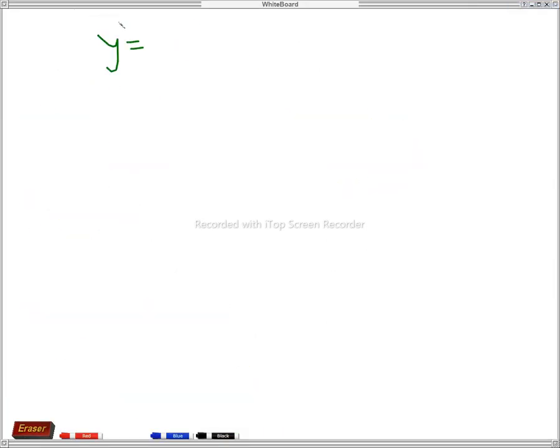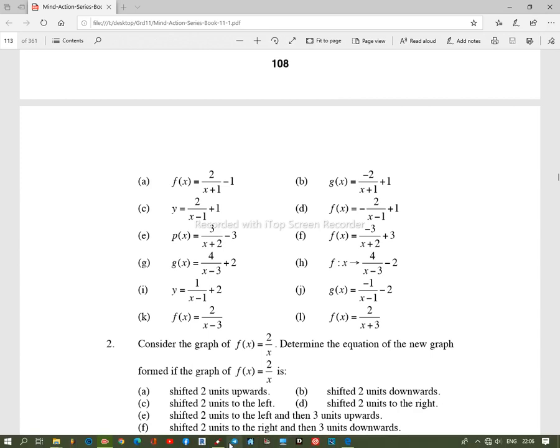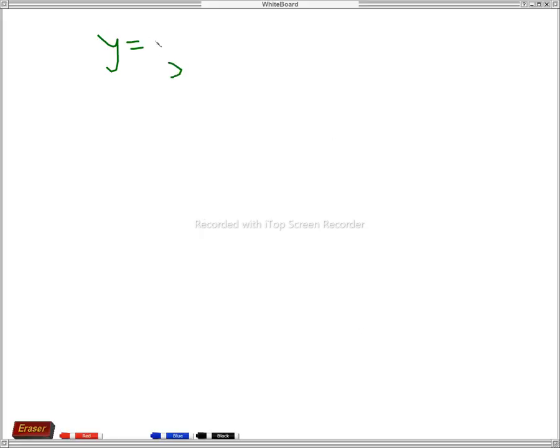So it was y equals (x plus 1 minus 1) all over 2. So here is my equation, but you are given it as f of x there.